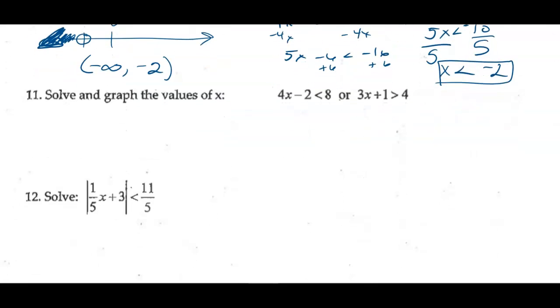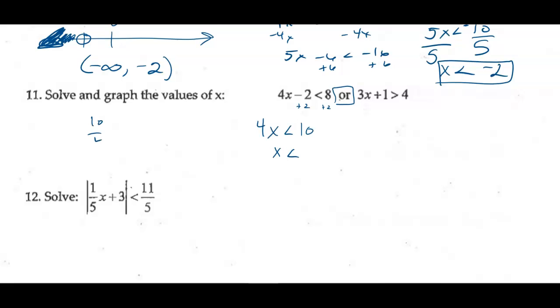Let's take a look at number 11. All right. Solve each of them separately. I'm going to add 2 to both sides, which gives me 10. So x is less than 10 over 4.